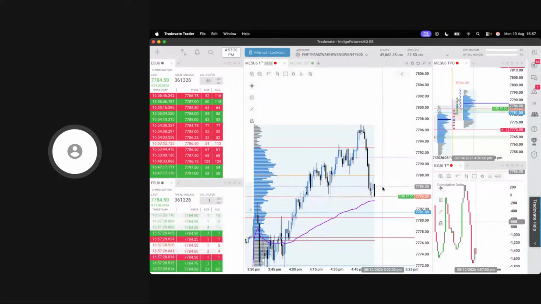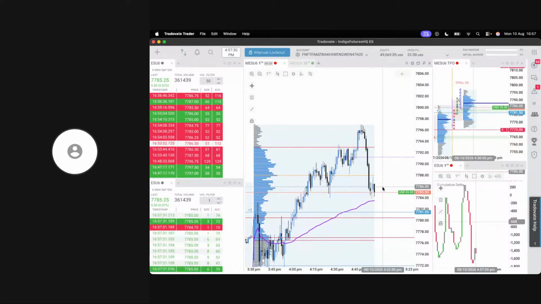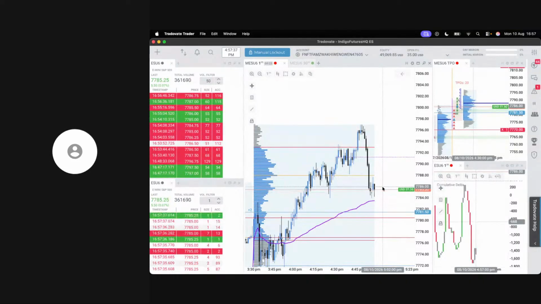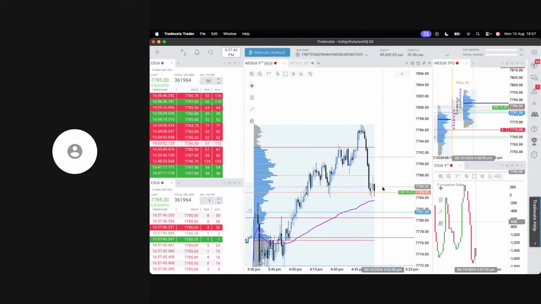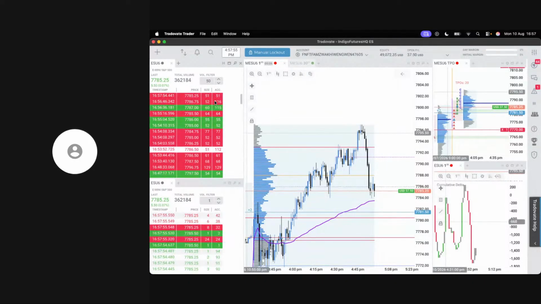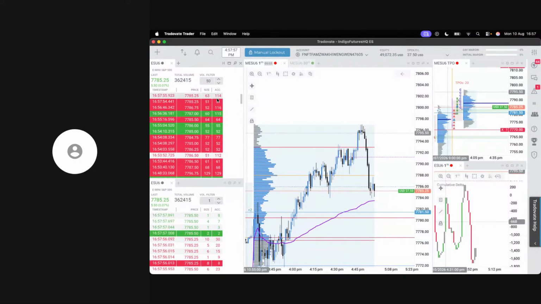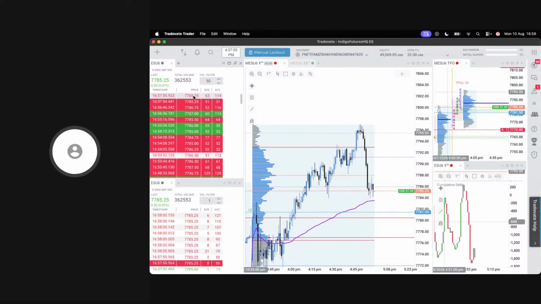84.50s, 84.25s, 85.25s. 85, 84s. Look at the accumulated orders at 86.75, 116. 114 at 85.25.